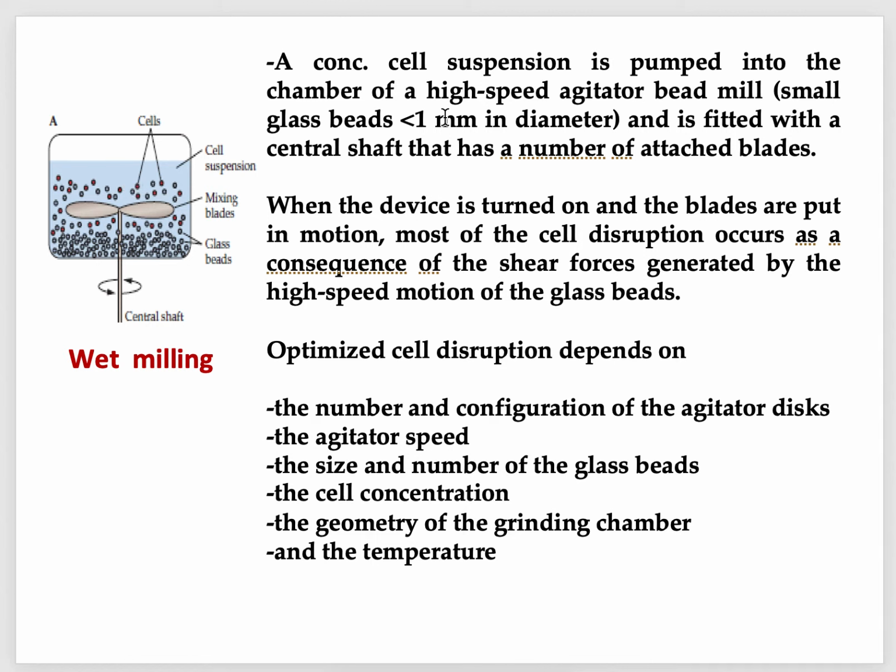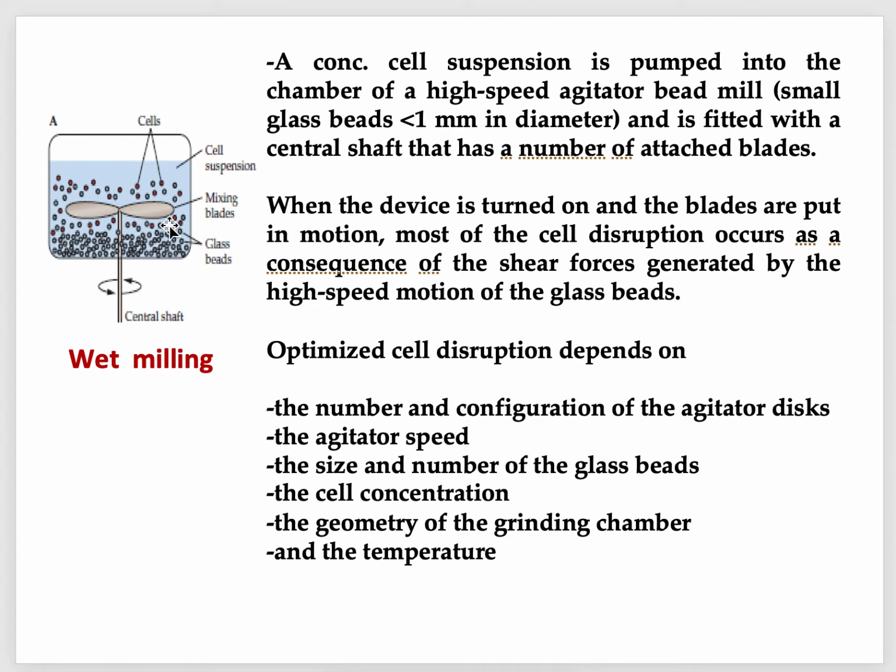The diameter of the glass beads is less than 1 millimeter. There is a central shaft which we can rotate through a motor, and this central shaft has a number of blades. You can see only two blades here, but it's not necessary that the shaft contain only two blades. It can contain a number of blades.